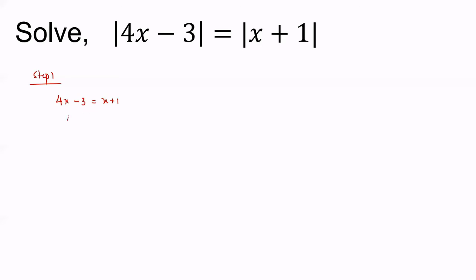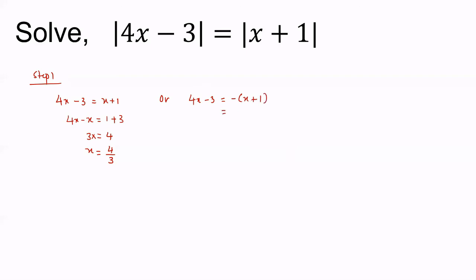And we simplify it: 4x minus x equal to, bring that minus 3 to the right-hand side, you get a positive, so 1 plus 3. And 4x minus x, we get 3x, and 1 plus 3 is 4, so we get x equal to 4 over 3. So we get one critical point when the function is positive, which is x equal to 4 over 3. So when we consider the negative region, the possible answer could be 4x minus 3 equal to minus x plus 1.